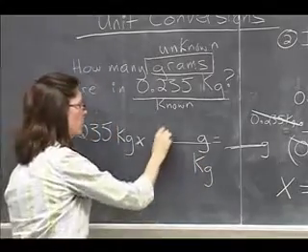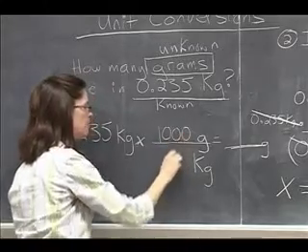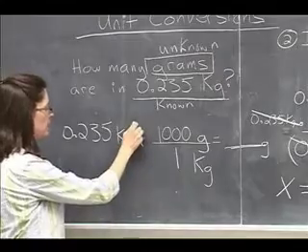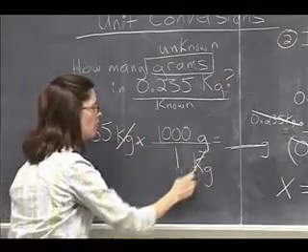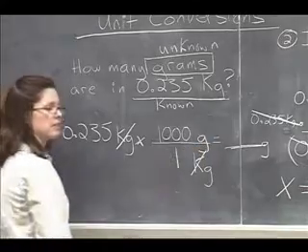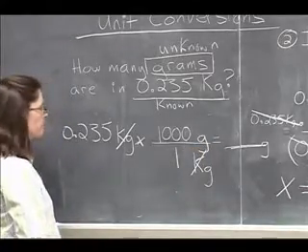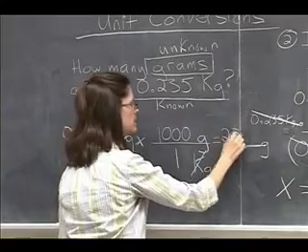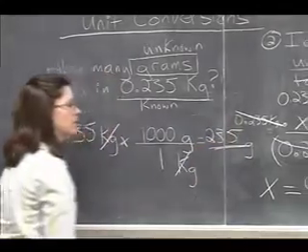I know that there are 1,000 grams in 1 kilogram. So then we can see here that the kilograms are all set up to cancel one another out, and we're left with units of grams. So we get the same answer we did before.